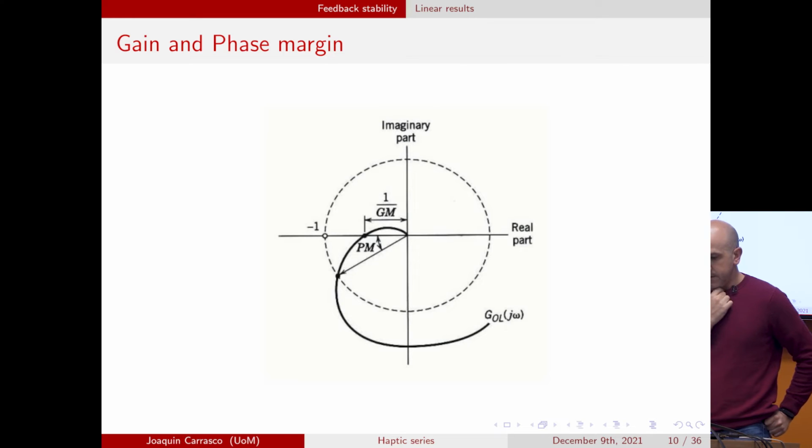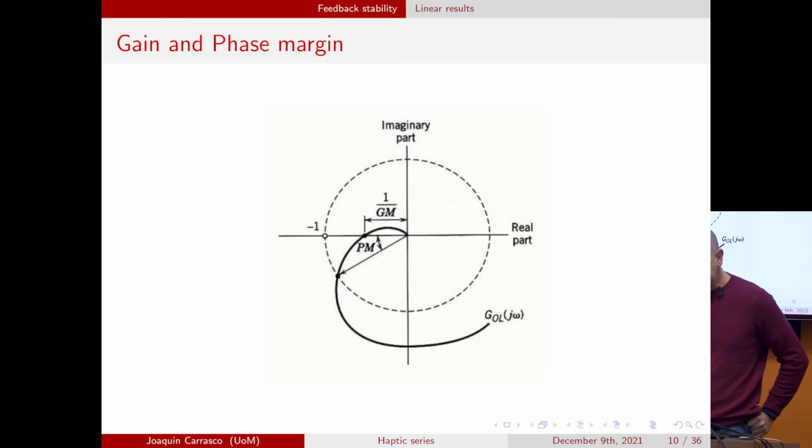Quick one. By delay, do you mean lag? Yes, I mean exponential of minus sTd. A time delay, a lag in a system, as opposed to process time delay, where nothing happens until the delay is finished.